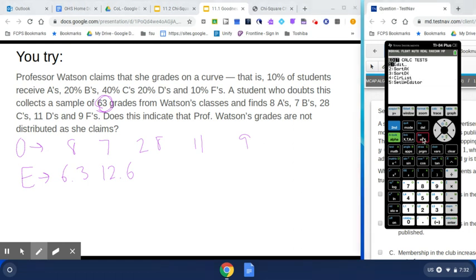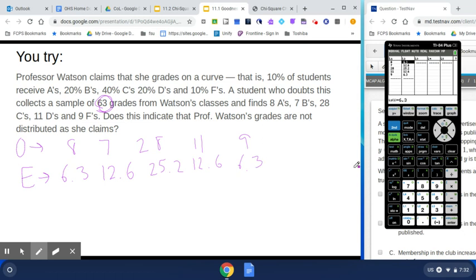And then for the C's, we would need to take 40% of 63, so 0.4 times 63, that gives me 25.2. And then we're back to 20%. So we already did 20% of 63. That was 12.6. And again, 10% of the 63, we did that for the A's, but it's the same for the F's. So that gives me an expected value of 6.3.